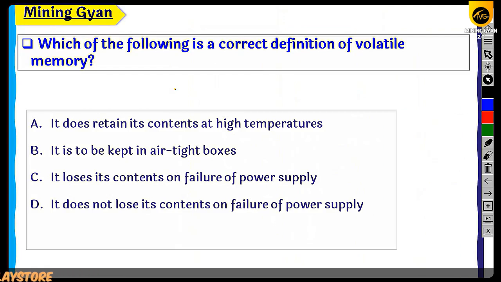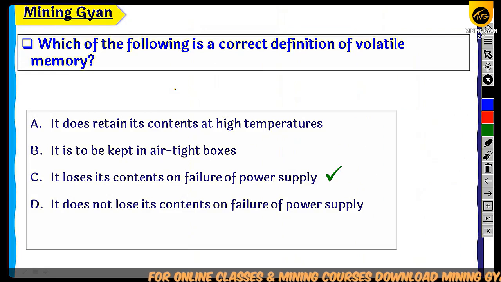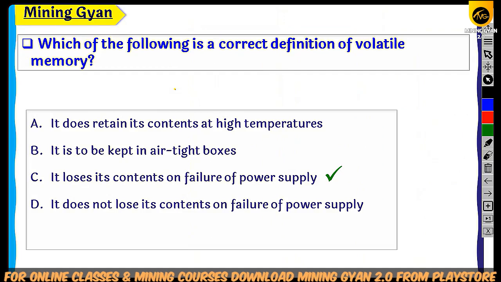So option C is the correct answer. Basically, it loses its contents on the failure of power supply. This is the basic definition of volatile memory, temporary memory. The job of temporary memory is that as soon as the power supply fails, it loses its contents. Option C is the correct answer: it loses its contents on the failure of power supply.